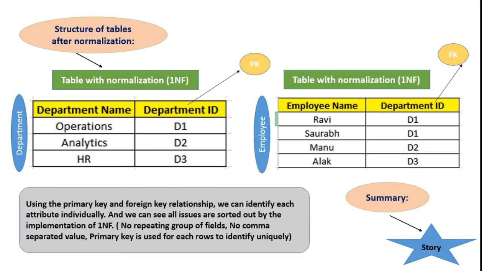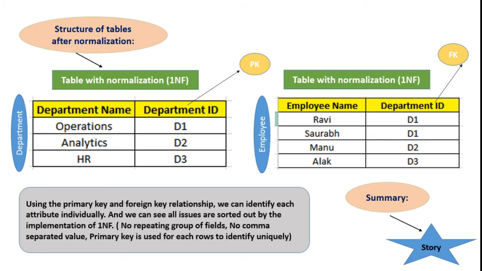And in the right section you can see the employee table we have created that contains two columns. The first is the employee name and the second is the department ID. Here the department ID we have taken as a foreign key for this table. So using the primary key and foreign key relationship, we link these two tables, and based on that we can identify which employee belongs to which department, right?